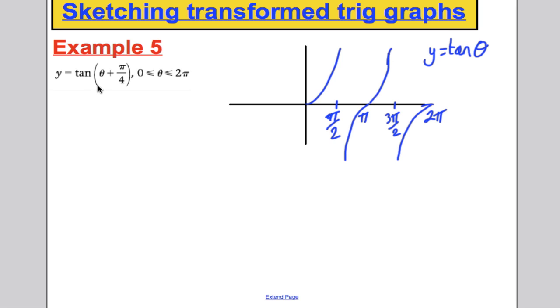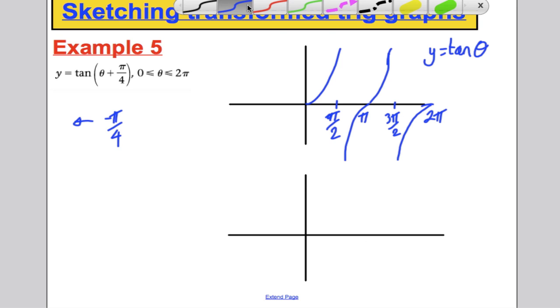Now what's happening here is, in this graph, you're adding pi by 2 inside the brackets, inside the function. This results in a shift to the left of pi by 4. So if we draw our graph here, we'll be careful doing this one, it's a bit more complicated. It crossed here at pi, and it's now, sorry, the asymptote, for example, was at pi by 2.